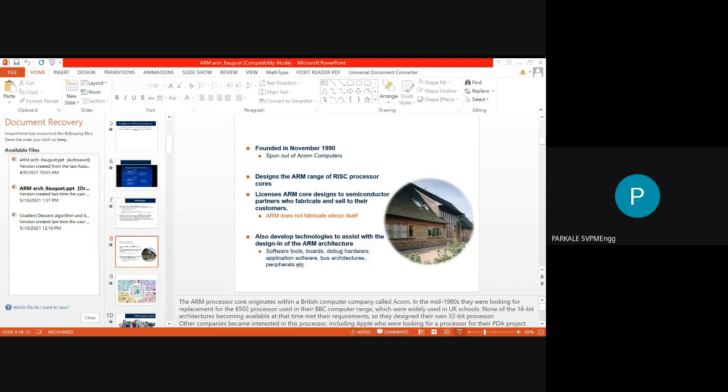Now, why study ARM? Because in our households we are using different embedded systems that are powered by ARM microcontrollers or microprocessors, starting from our mobile, then washing machines, microwave ovens, television sets, pagers.